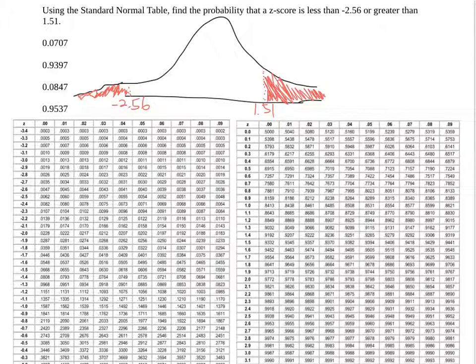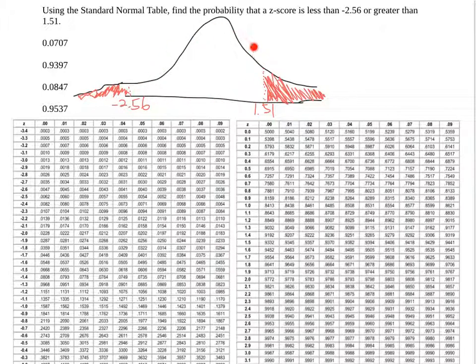So, to reiterate, the area under this whole curve is equal to 1. But we want to know what's the area here and here, right? This is less than negative 2.56, this is greater than 1.51. That's what we're looking for. So we know that the answer has got to be between 0 and 1, and we intuit that it's going to be a small number.